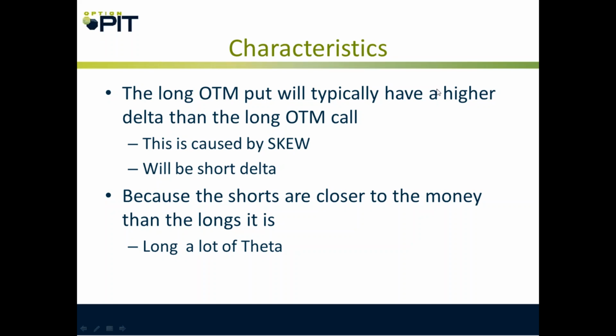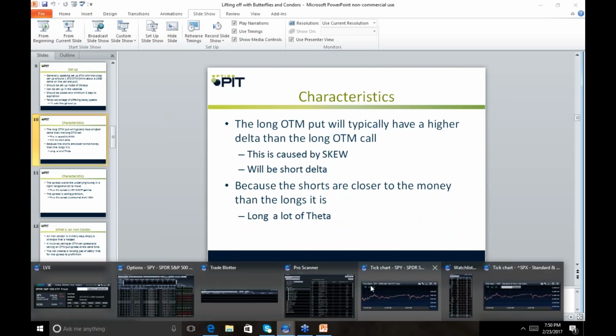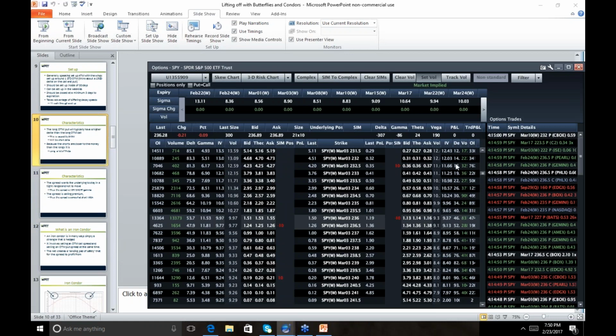So, in my butterfly, you know what I want to point out. Look, widen that out a little bit. You can see this is a 16 delta. Meanwhile, my calls are a 12 delta.